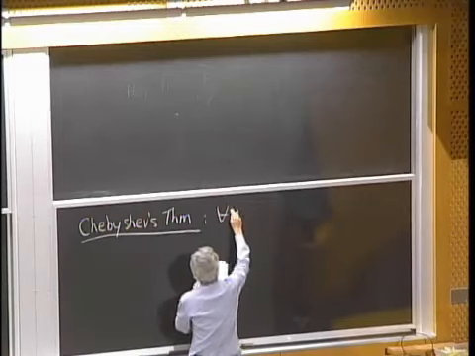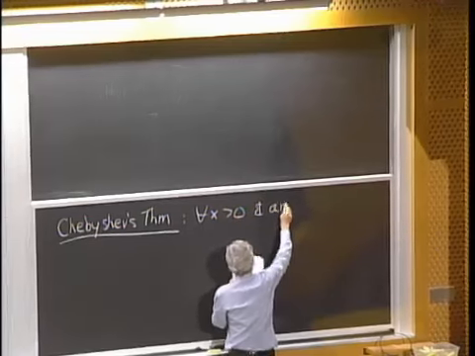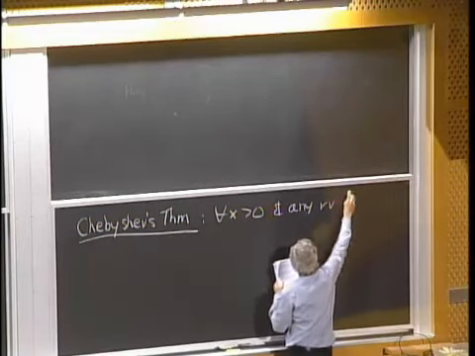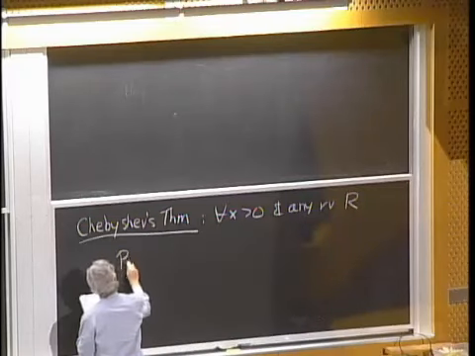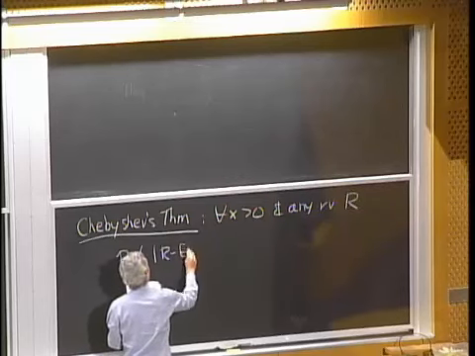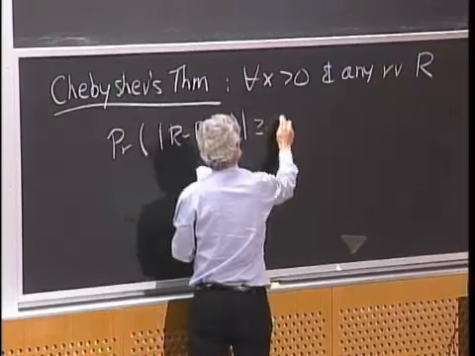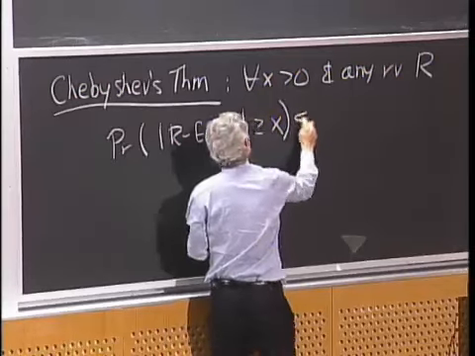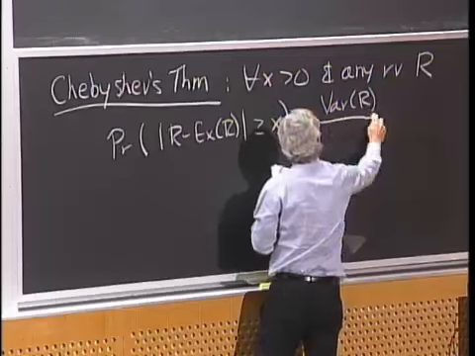It says for all x bigger than 0, and any random variable r, which could even be negative, the probability that r deviates from its expected value in either direction by at least x is at most the variance of r divided by x squared.